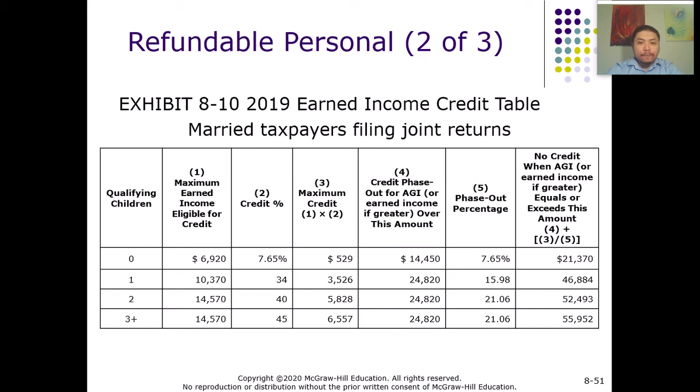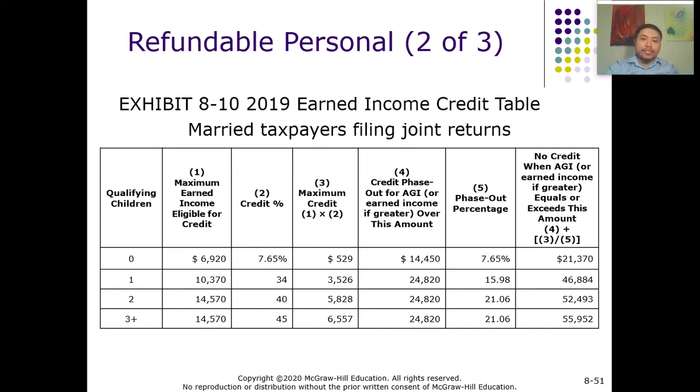So after we figure out the tax credit percentage, we take that times the earned income, and that gives us the amount of tax credit that the taxpayer can claim, right? And then we also have phase-out structures here.